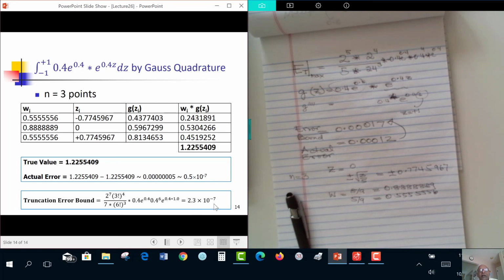So we would have predicted an error bound of 2.3 times 10 to the minus 7. Of course, larger than the actual error. But we can see we are reaching the limit of Gauss quadrature if we can only keep 7 digits. Because if we go to n equal to 4, now 7 digits won't be enough for Gauss quadrature to give a reasonable value.